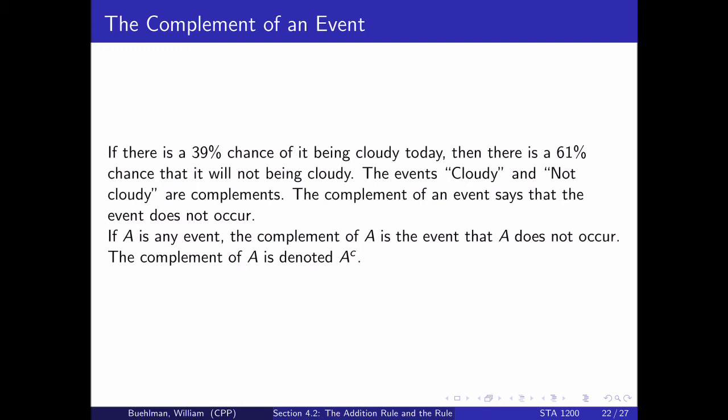The events cloudy and not cloudy are complements of each other. The complement of an event says that the event does not occur. If A is any event, the complement of A is the event that A does not occur. So the notation we used to use for this is the complement of A is denoted as A raised to the C. So that is a complement.